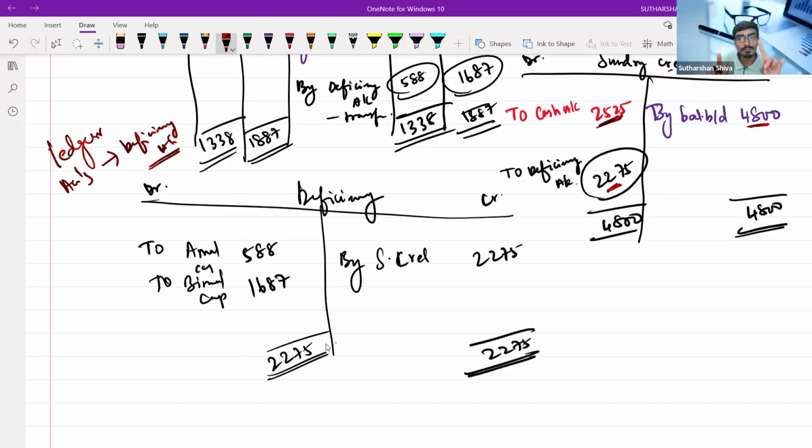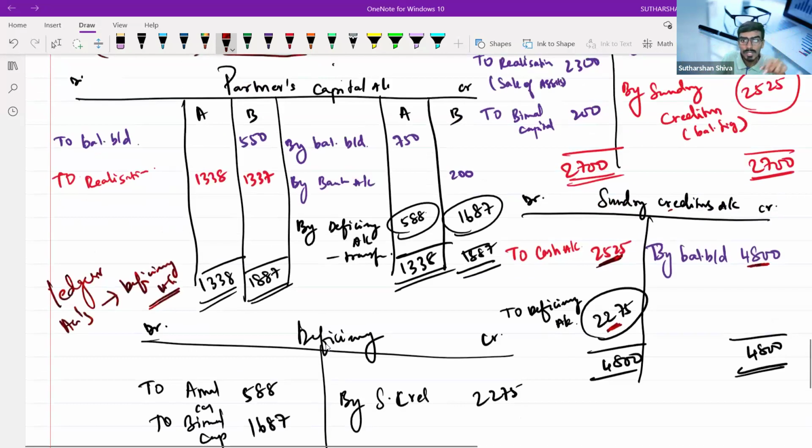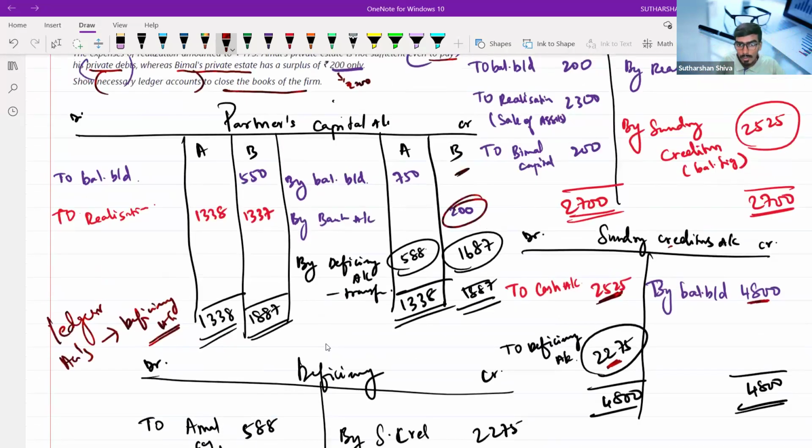That gain in the sundry creditors, having a debit side, is transferred to the deficiency account, having a surplus amount of 2,275 on the credit side. On the 2,275, I will tally my partners' capital. The partners' capital has a deficiency of 588 and 1,687, out of which Bimal is only able to bring 200.